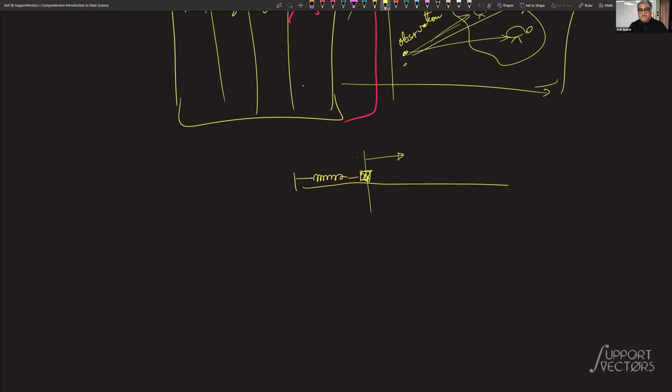If you pull the spring and leave it, let's say that this is the X direction, right? What will happen? What will this spring do if you just pull it and leave it? It will spring back and it will keep oscillating back and forth, isn't it?